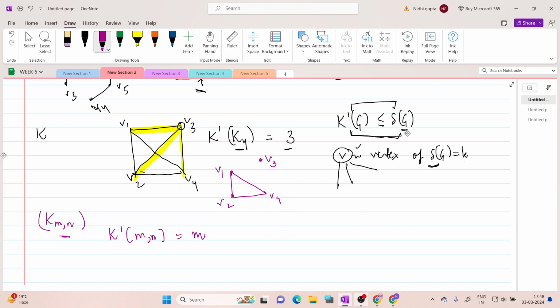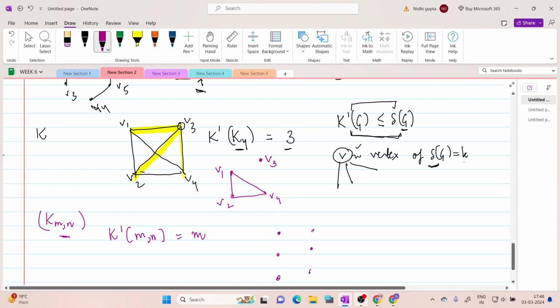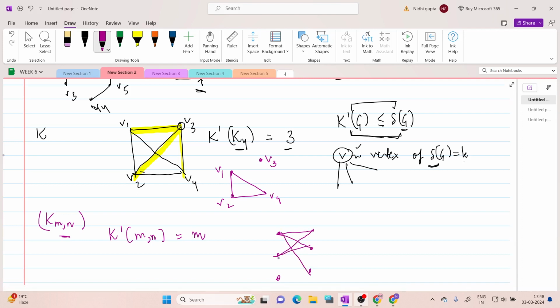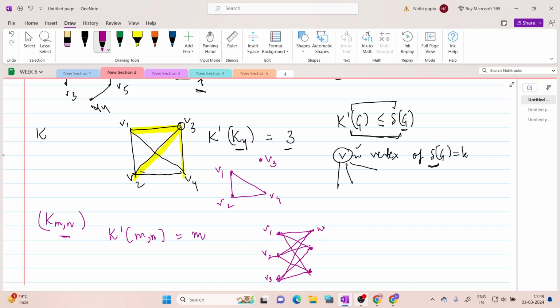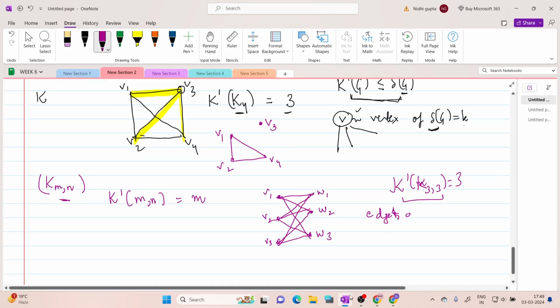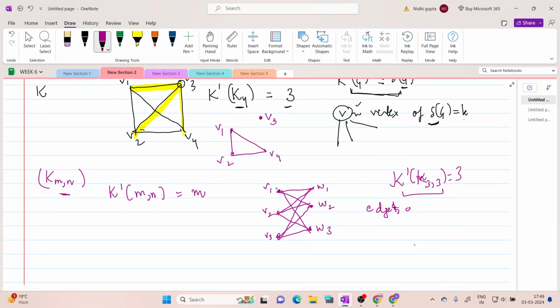In particular, if you are looking at K32 or K33, this is V1, V2, V3, W1, W2, W3. We have already computed that the edge connectivity of K33 is 3. That means it should have an edge cut of 3 edges. So what are the 3 edges whose removal will make this graph disconnected?